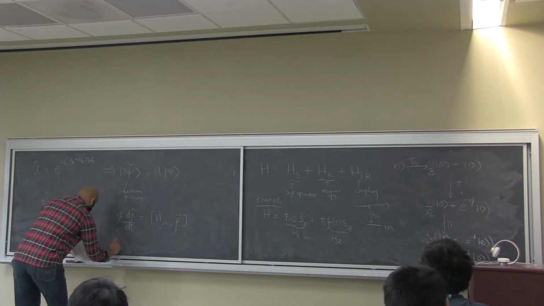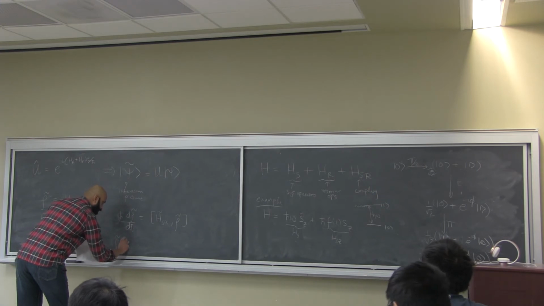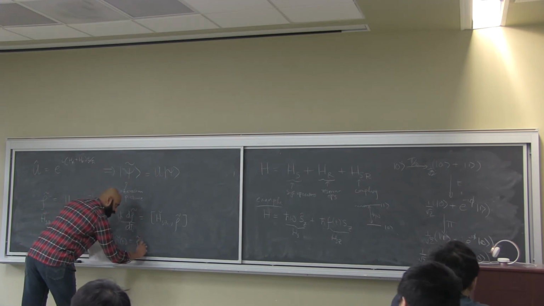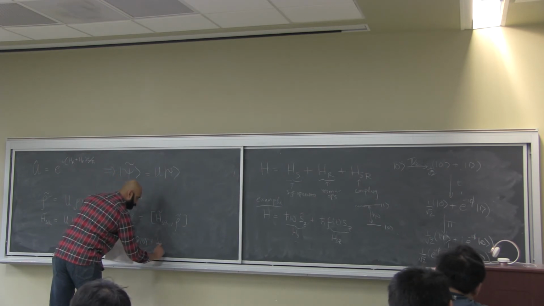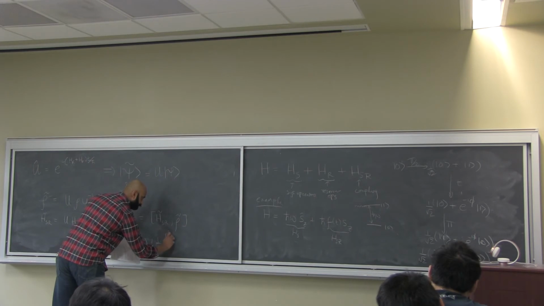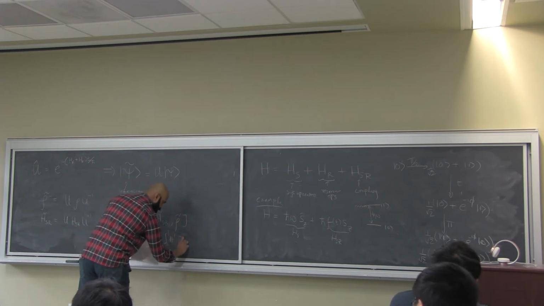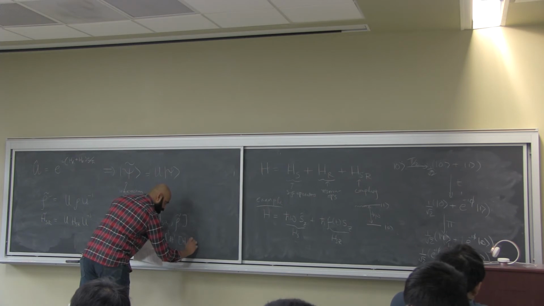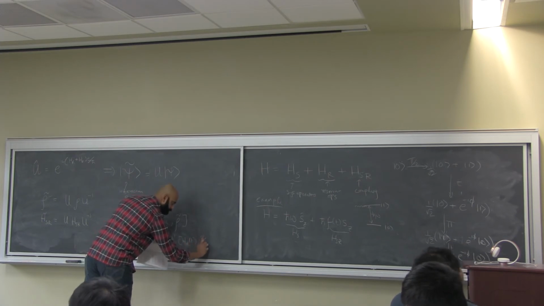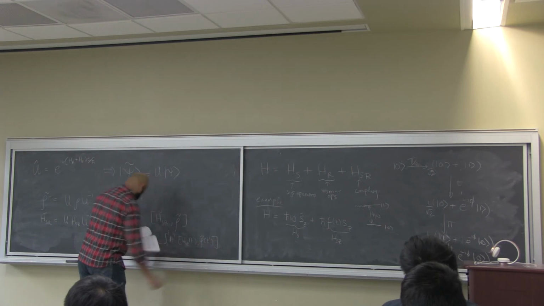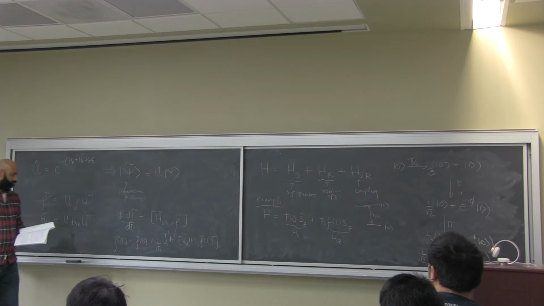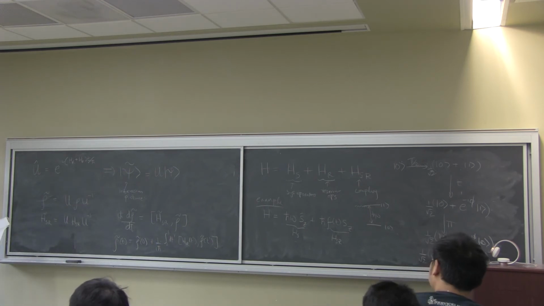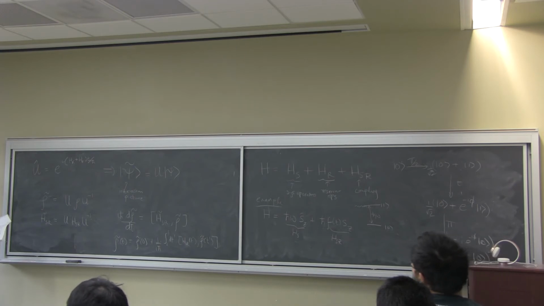And formally, we can integrate this. We can just say rho tilde of t is equal to rho tilde of 0 plus 1 over i h bar times the integral.